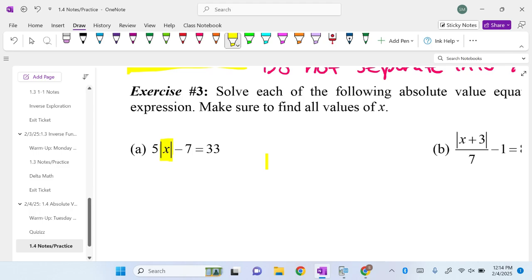So what do you think I would move first? Just pretend like the absolute value symbol doesn't exist and it's just a two-step equation. What would you do first? We would add the 7 to both sides. So I would get 5 absolute value of x is equal to 40. Then what would I do?